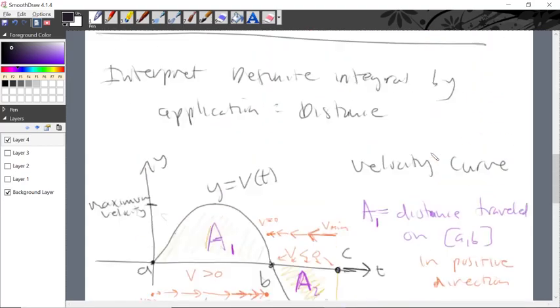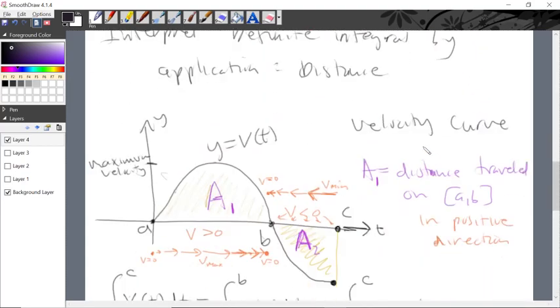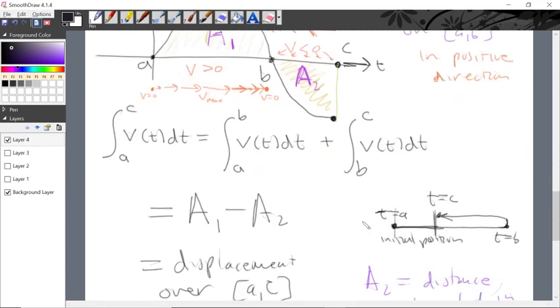So there is an interpretation we can have for the definite integral in general, right? So when it goes negative, we can actually interpret a negative output or even a partially negative output from an integral in context for some particular application. And the application we've chosen here is to relate areas under curves to distances traveled.